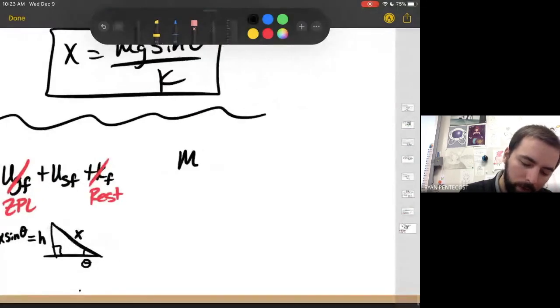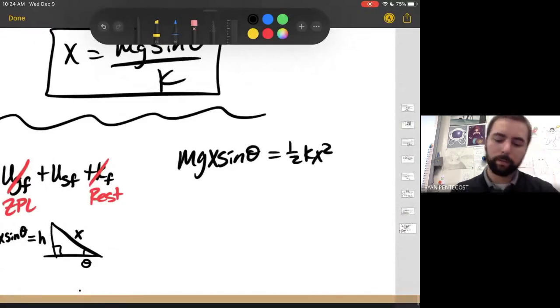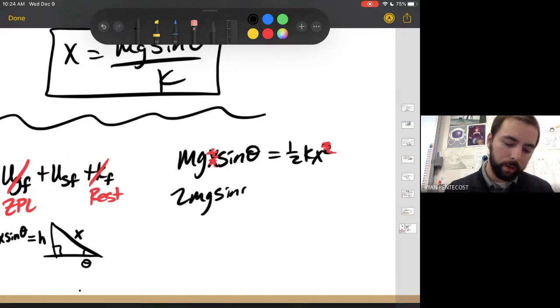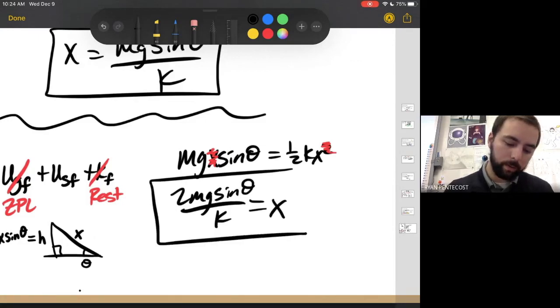We have mg x sine theta equals 1/2 kx squared. One of those x's can get right on out of there. And we just solve for x. Multiply by 2, divide by k. You've got 2mg sine theta divided by k equals x.